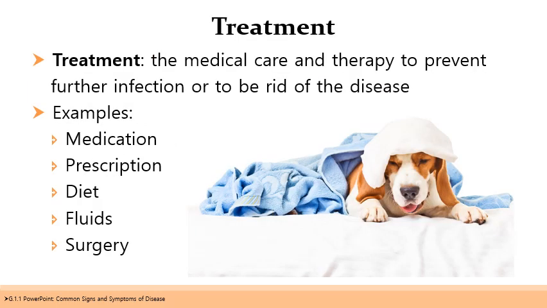Treatment is the term we use to describe the medical care and or therapy used to prevent further infection or to be rid of the disease. So animals are treated with medications or prescriptions. A change in diet sometimes can control your pet's blood sugar or things like that if it were to become diabetic. Administration of fluids.